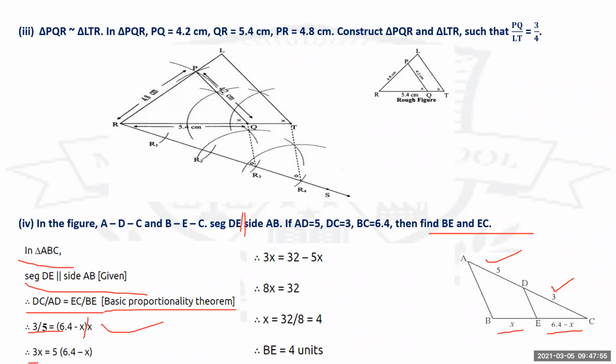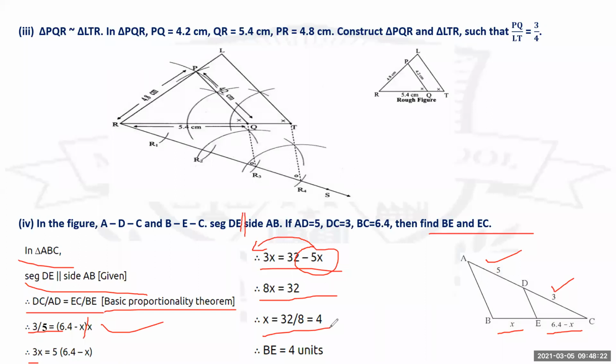Once you solve this, you get 3x equals 32 minus 5x. Minus 5x goes to the other side, so 3x plus 5x is 8x. So 8x equals 32, and the value of x equals 32 upon 8, that is 4.